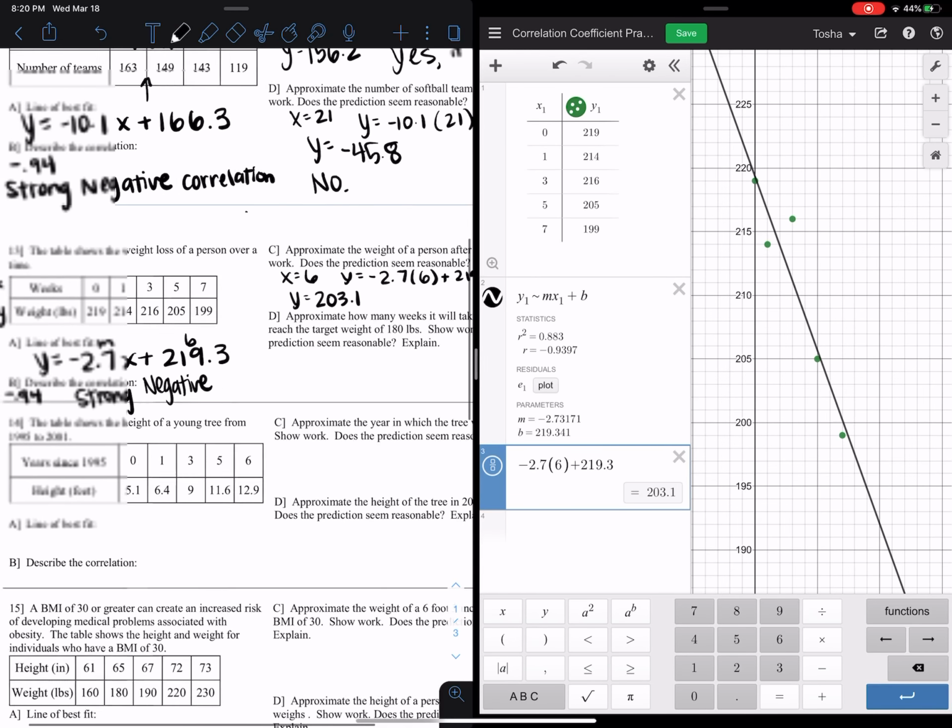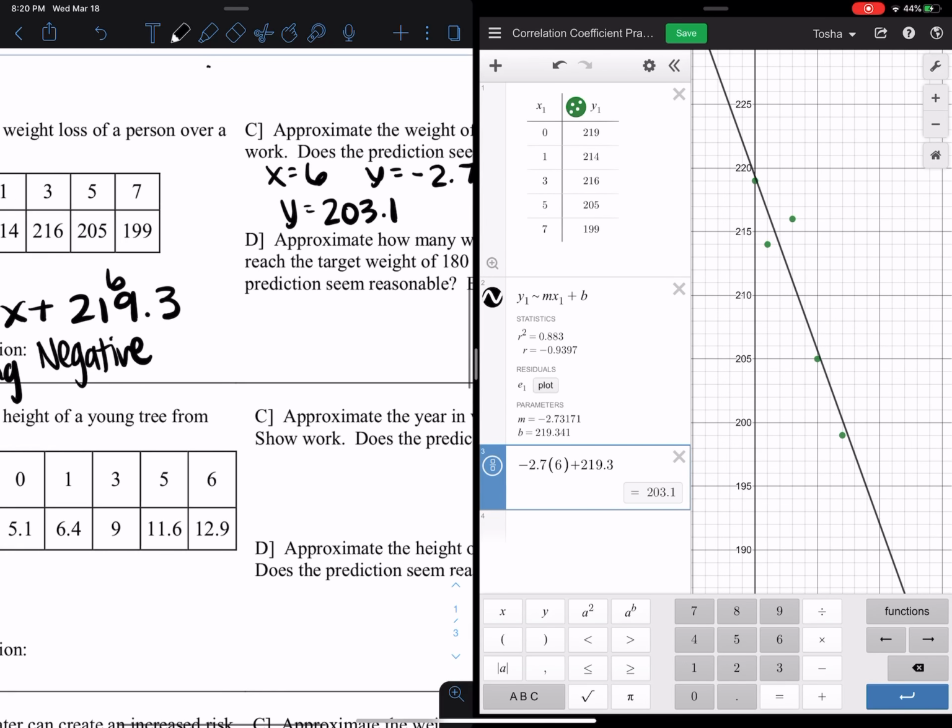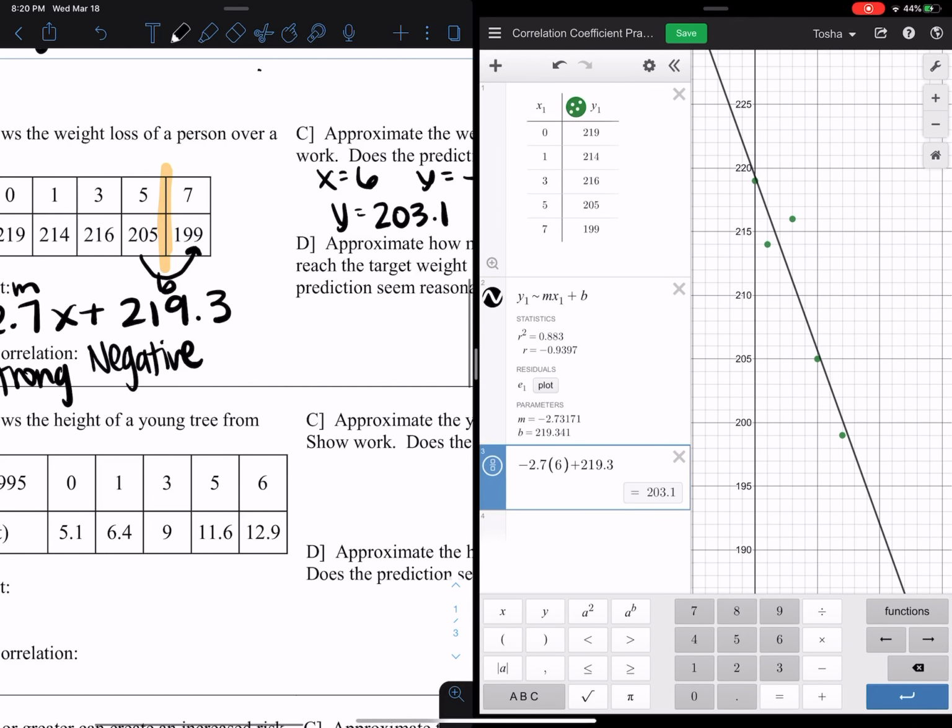So looking at our graph, week 6 would be right here. Does it make sense that their weight would be 203.1, going from 205 to 199? That makes sense to me because it follows the trend. It's decreasing with the exception of this part right here, and you can see that on the graph.